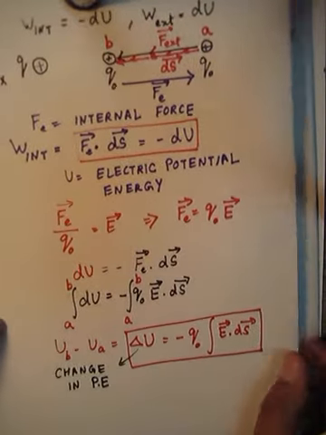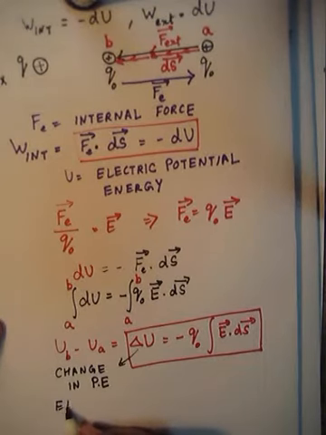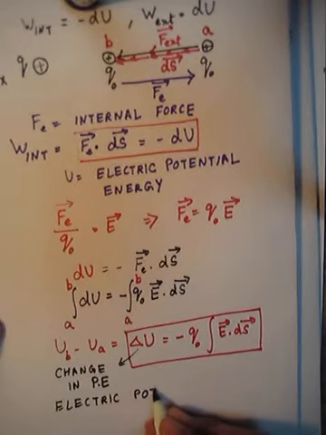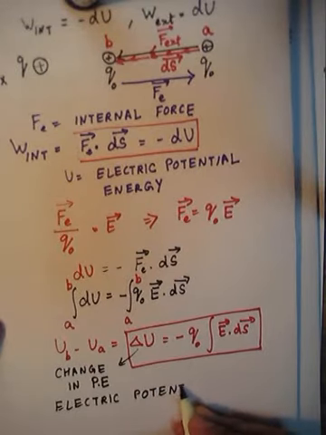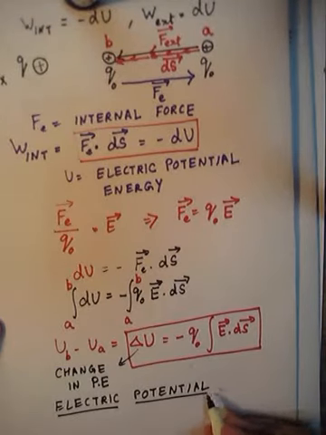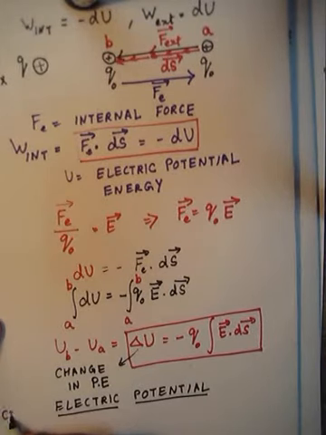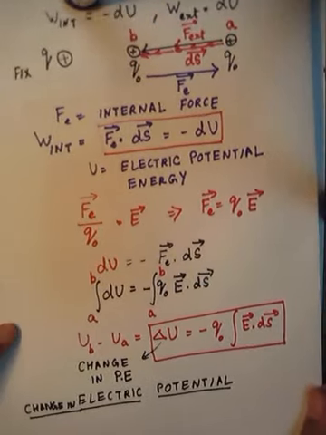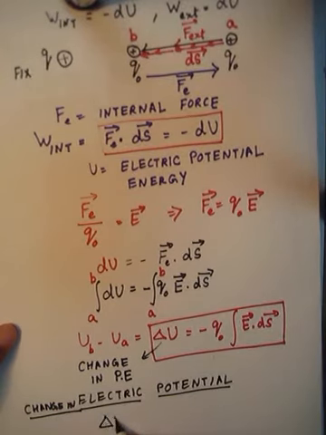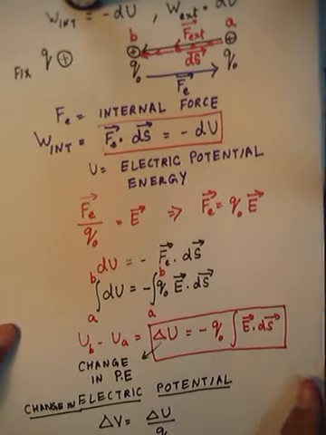Now electric potential is defined by change in electric potential. Change in electric potential is defined by delta V is equal to change in potential energy per unit charge.